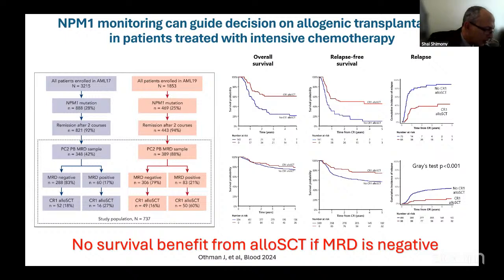Jed Othman and his colleagues last year showed that among patients who were treated with intensive chemotherapy, if they achieve MRD negative NPM1 after 2 cycles of chemotherapy, there is no need for transplant for these patients. So this is good evidence for us to say, okay, I have a tool, now I can use it. I can make my decision based upon this MRD at the end of 2 cycles of intensive chemotherapy.